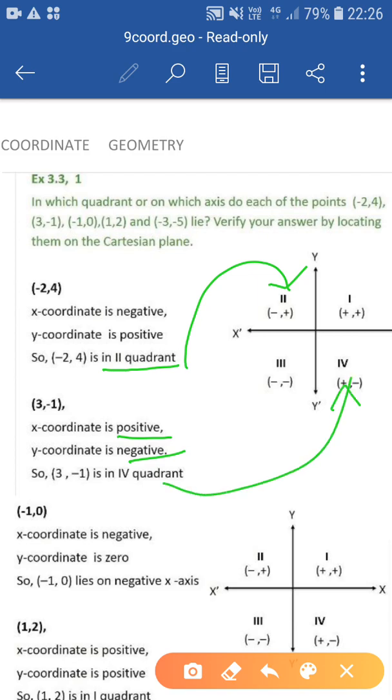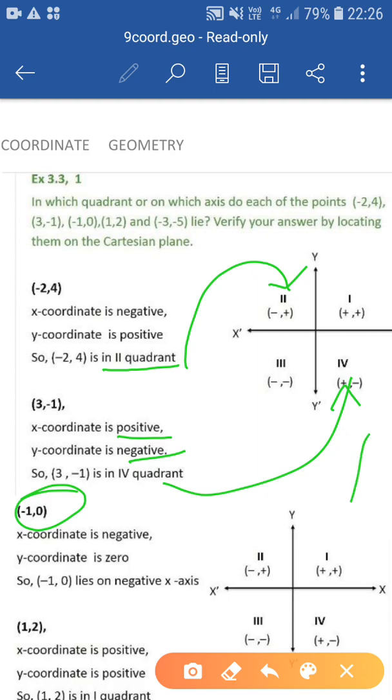Now (-1, 0): the x coordinate is negative and the y coordinate is 0. See, these are some special points. They do not lie in a quadrant but they lie on an axis. And which axis? Here it will lie on the negative x-axis. Why?